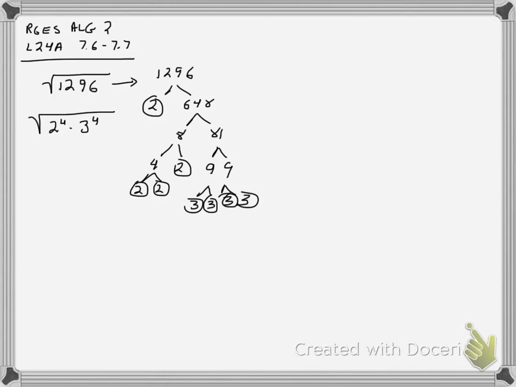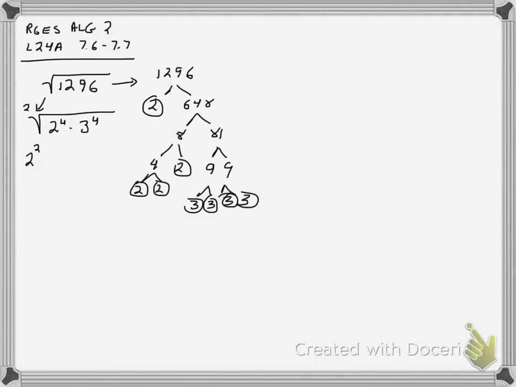and now by default, if there's no number as an index, that is a 2, that's a square root. So on my 2's, the exponent is 4. 4 divided by 2 is 2. So that means that you can pull out two groups of 2, or 2 squared, to the front.